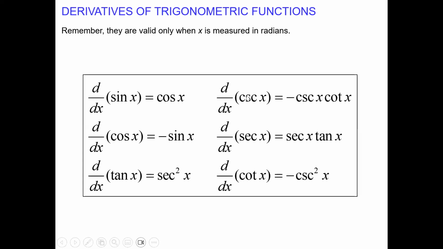Cosine negative, cosecant negative, cotangent negative. Just a pattern. That means now we know all of this. We have to remember them from now on, forever.